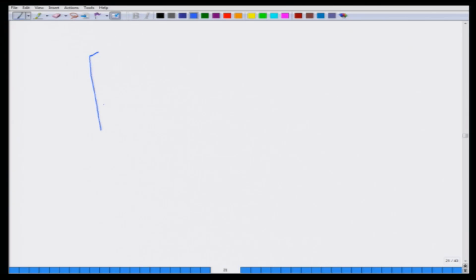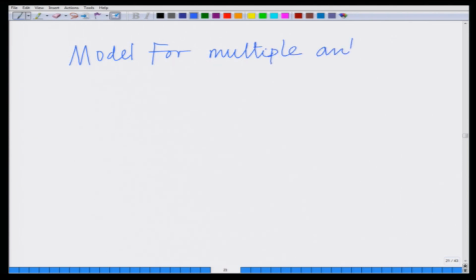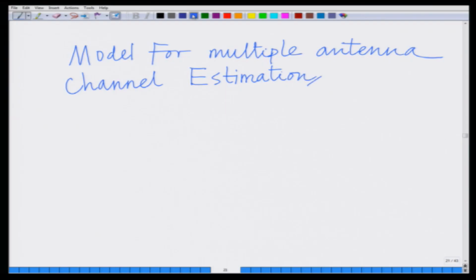So the estimation problem for this system can be written as, and that is what we had shown in the previous module, we have the model for multiple antenna channel estimation, which can be formulated as y1, y2, so on up to yn.